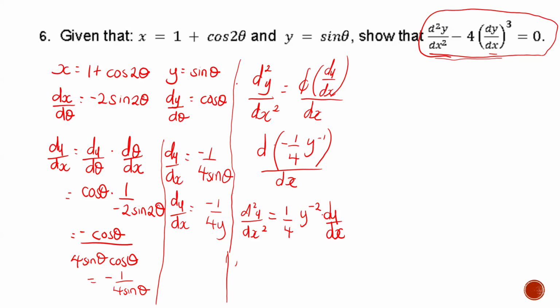Now I want to simplify this. Our y to the power negative 2 is the same as y to the power negative 1 squared, right? We agree with this step. This y here is the same as this, right?